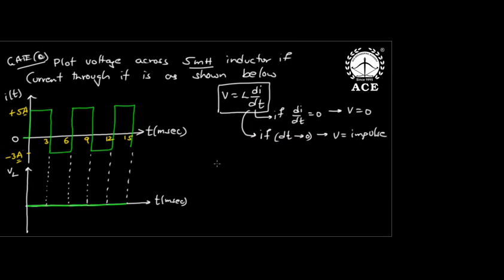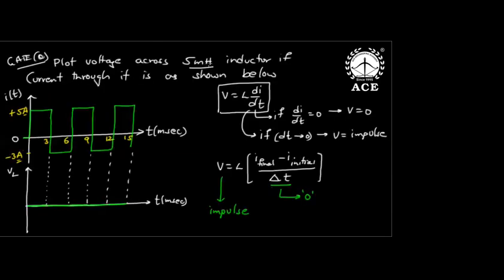Now the same formula I modify: V is L into I final minus I initial by delta T. If delta T tends to 0, sudden change, then impulse voltage will come. Now let us use that.